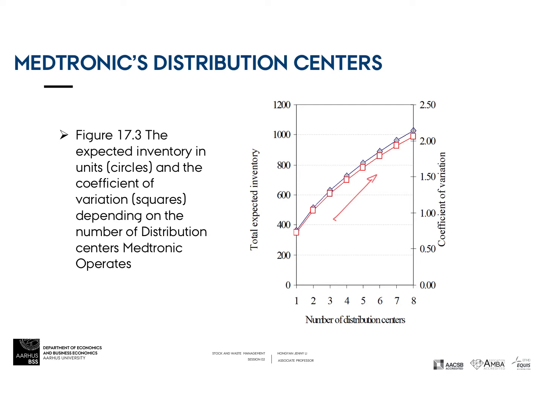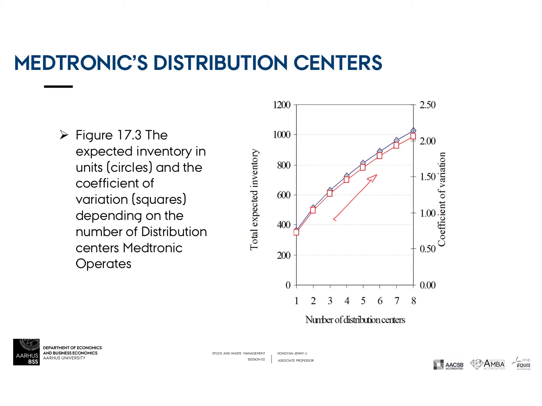You have to be prepared that the coefficient of variation also increases. That's the impact of splitting a single storage location into multiple storages. You have to be careful to consider whether you need to operate more distribution centers.